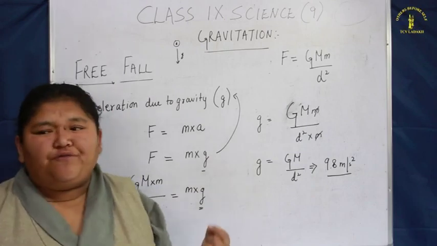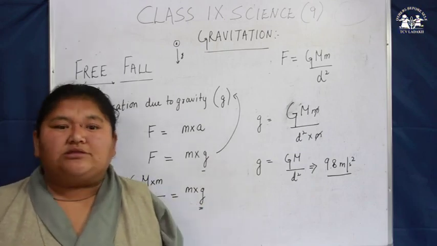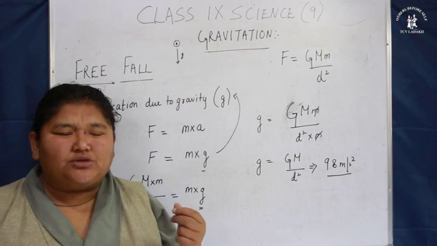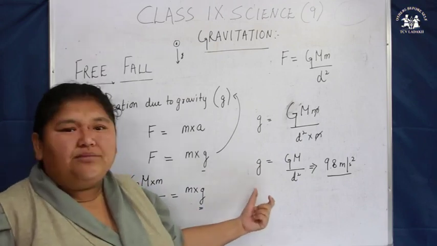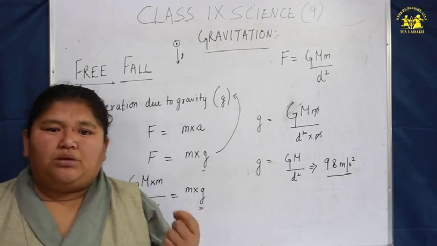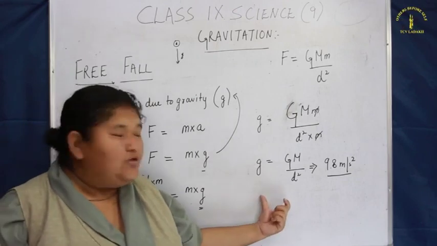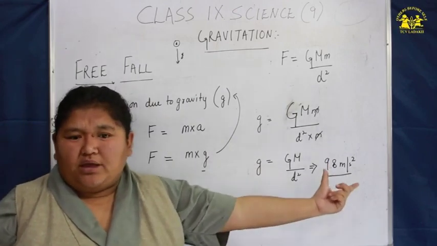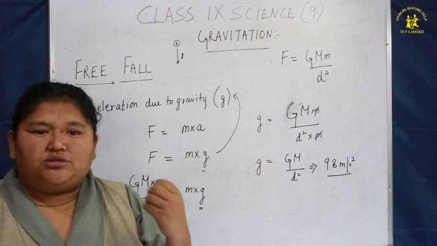However, in order to simplify the calculations in numericals, we will be given the value of g as 10 meters per second square.